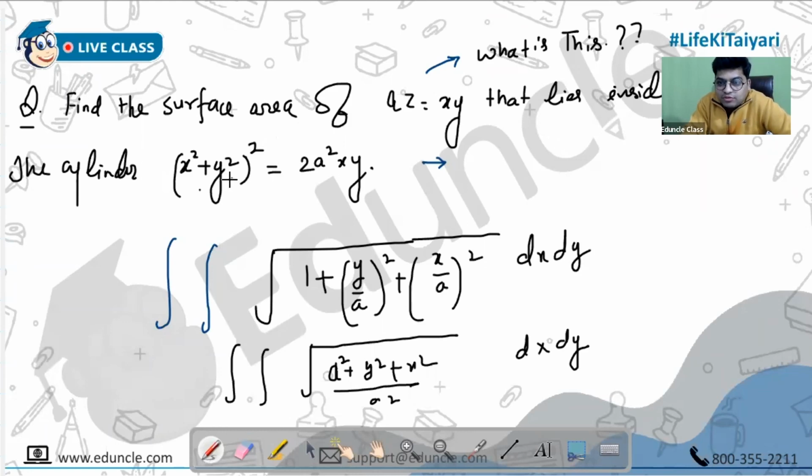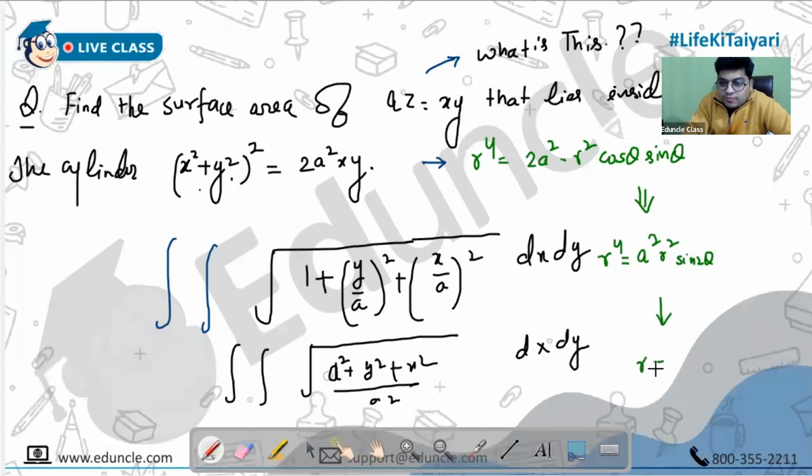So x is equal to r cos theta, y is equal to r sin theta. So r to the power 4 is equal to 2a square r square cos theta sin theta. So I can write r to the power 4 is equal to a square r square sin 2 theta. So this problem is nothing but r equal to 0 or r square equal to a square sin 2 theta.